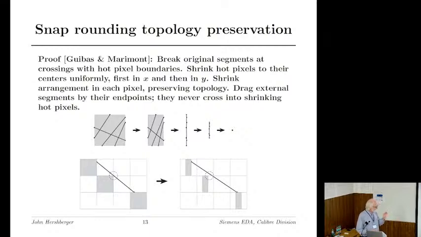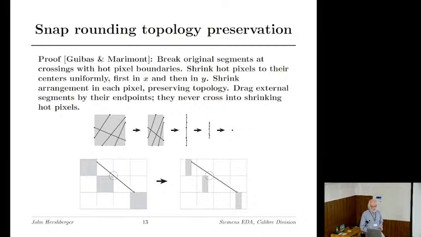And I will need it tangentially later, so I'm going to describe it in a little bit of detail here. So the idea is that you break the original segments at the places where they cross the hot pixel boundaries. And then, that is, each segment is broken at its first and last intersection with the hot pixel boundaries that it touches. And then you shrink the hot pixels to their centers uniformly, first by a uniform horizontal contraction and then by a uniform vertical contraction.